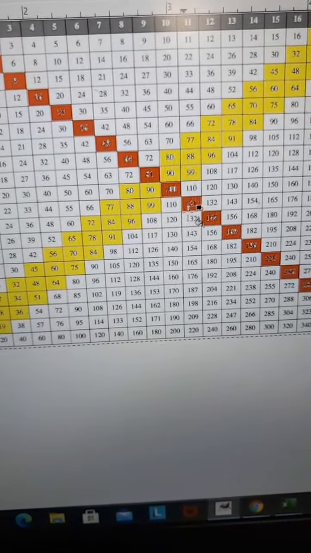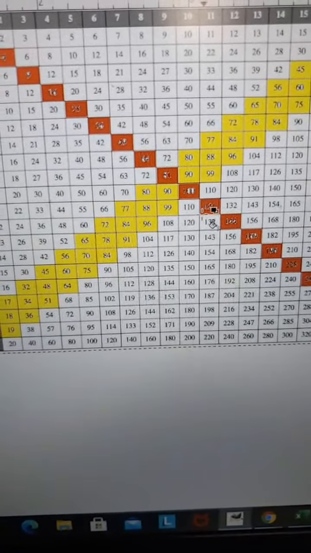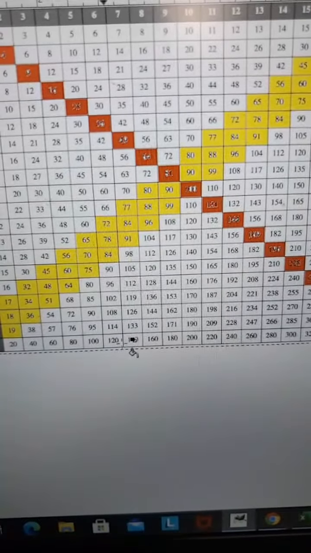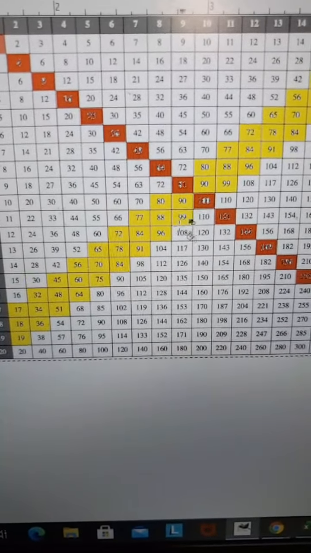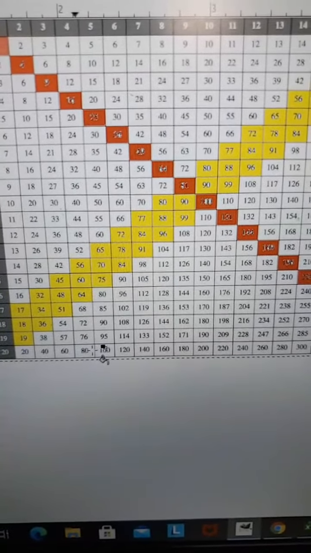I mean, if this is like 31, what numbers are smaller than 31 that are above that? Up here, what numbers are smaller than 100 that are above this line?